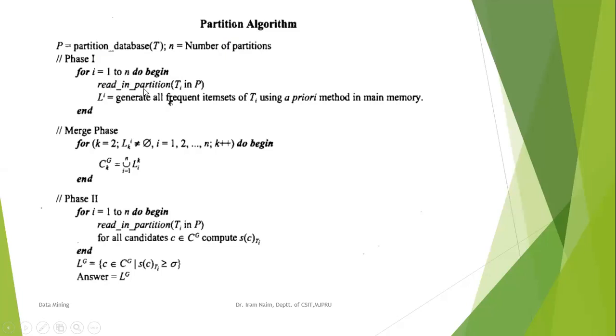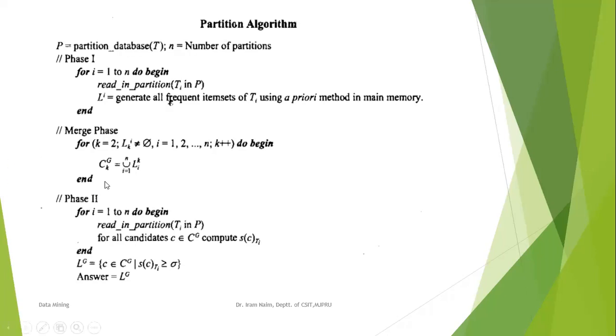For every partition we read the transactions in the partition data set and we apply the Apriori algorithm to generate all the frequent item sets. ठीक है? बिल्कुल procedure आपका वही है, Apriori algorithm apply करेंगे. सिर्फ क्या है, you are applying it to the partitioned database. Okay, and after applying the Apriori algorithm you will get frequent item sets in different partitions.